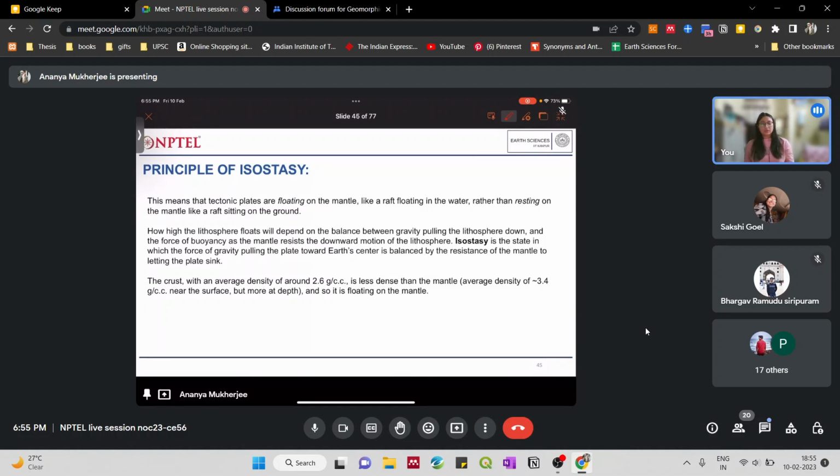The crust on average has around 2.6 grams per cc density, while the average density of the mantle could be around 3.4 grams per cc. So as we know how it is working, the less dense material will be floating on the denser material.